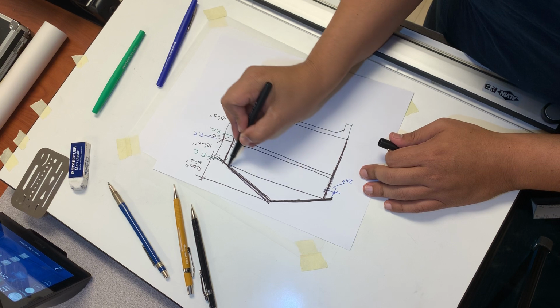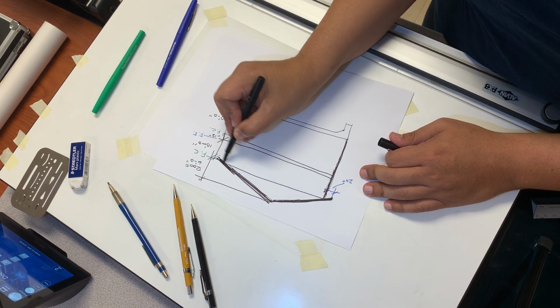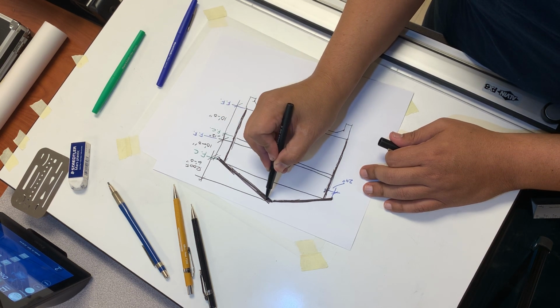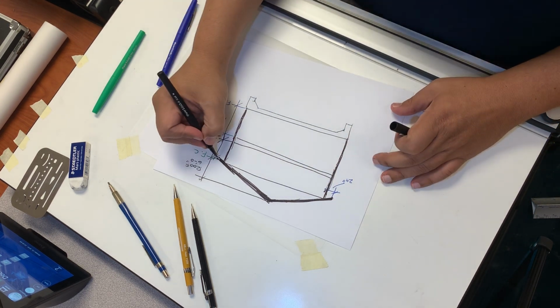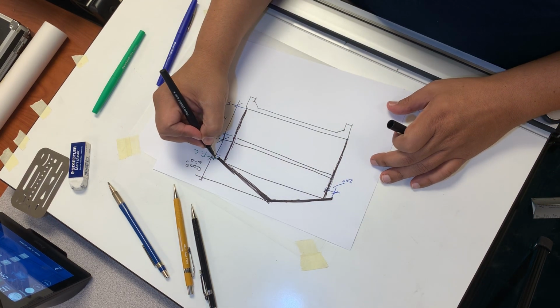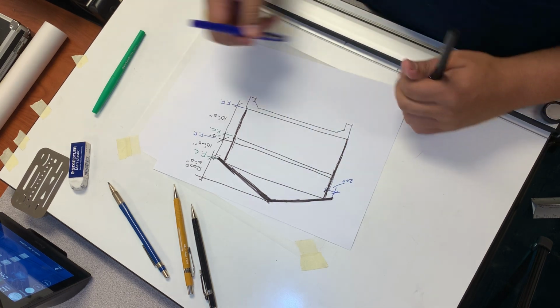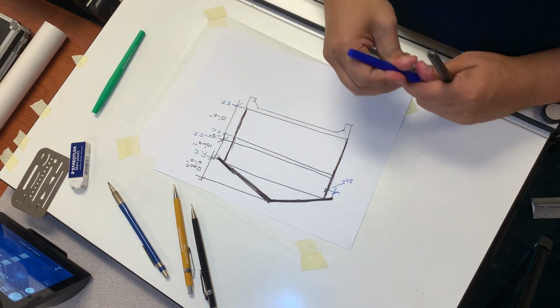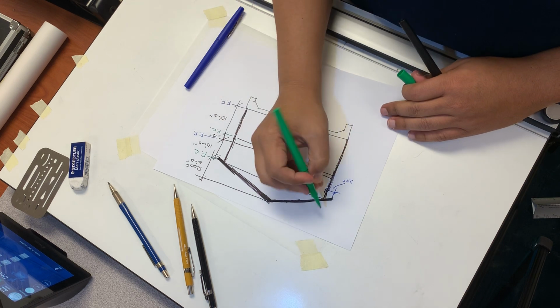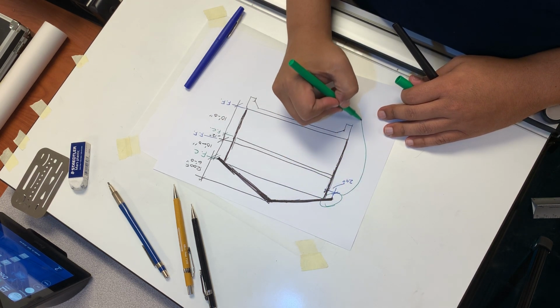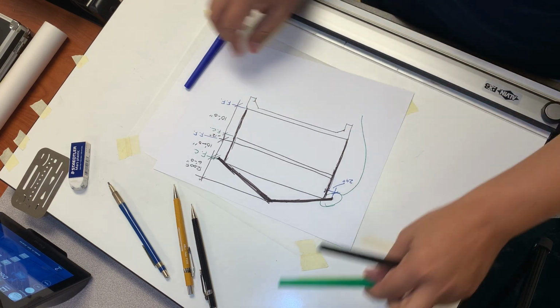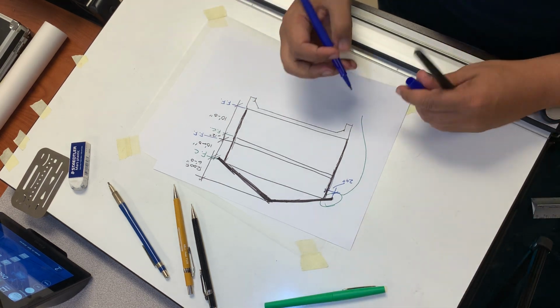And then we'll go over the variations of these ends. So sometimes you'll see this edge right here in architecture.